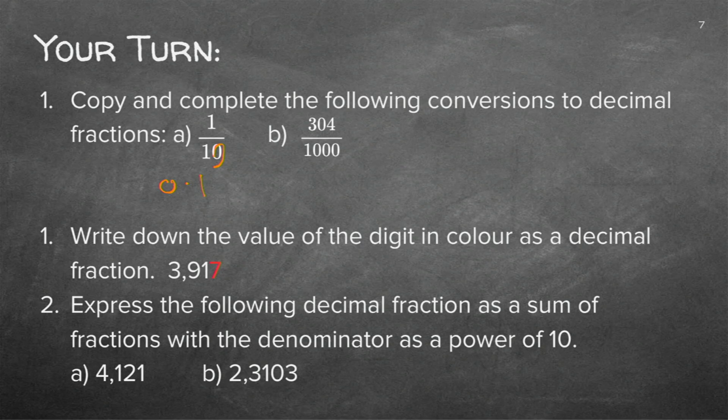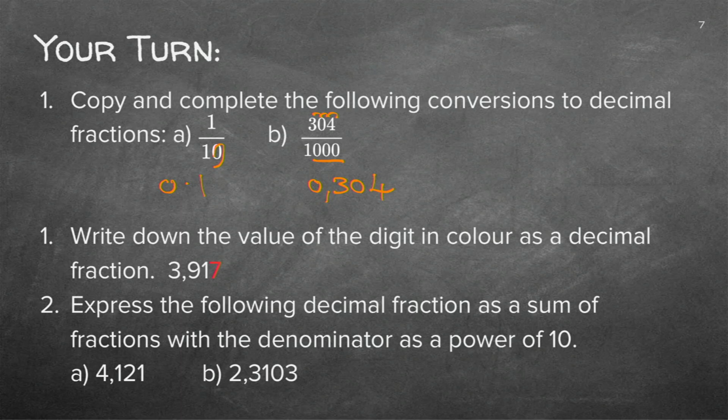So the next one is 304 over 1,000. So we move it to the left for every 0. Remember our rule? So it's going to be 1, 2, 3. So our answer is going to be 0 for the whole number, 0,304. Cool. So now they ask us, write down the value of the digit in color as a decimal fraction.